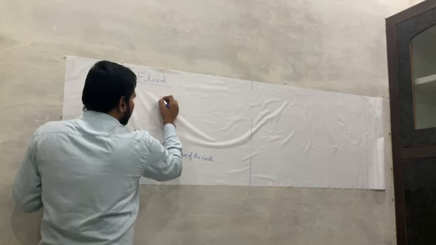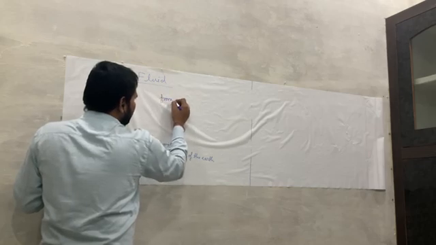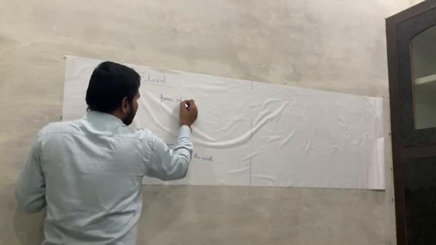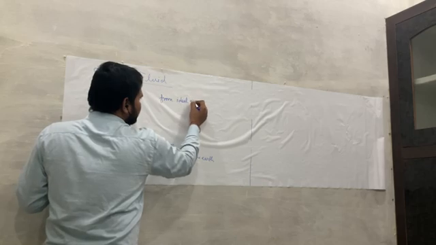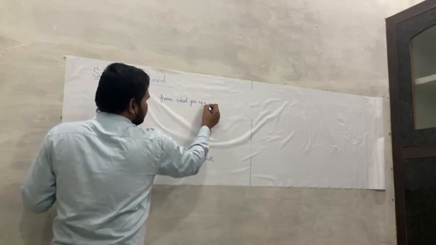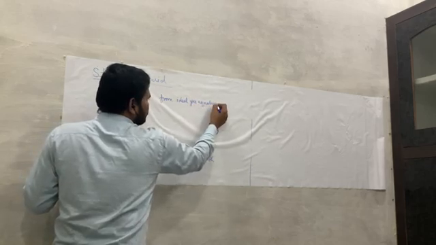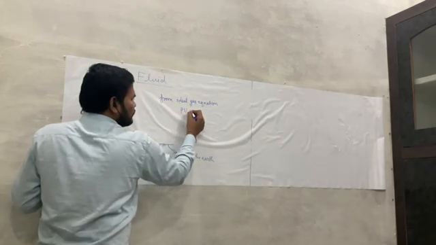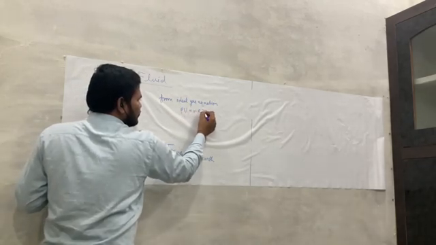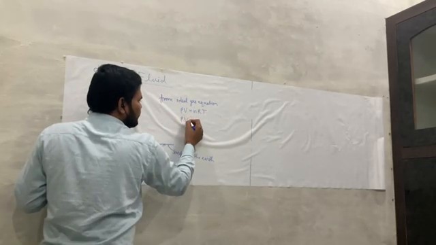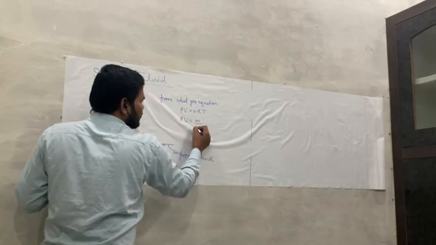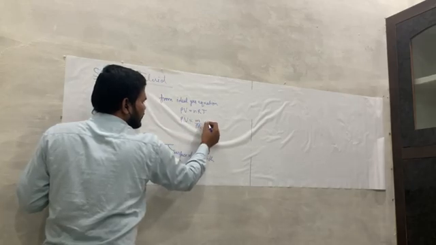From the ideal gas equation we know PV equals nRT. We can write PV equals m by M, the molecular mass, into RT.